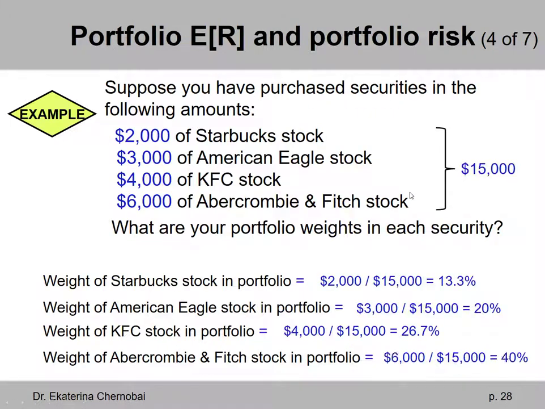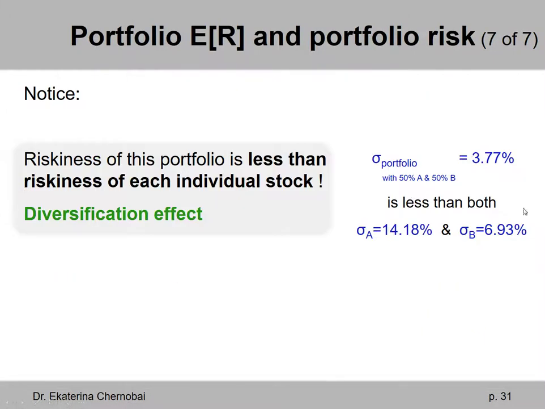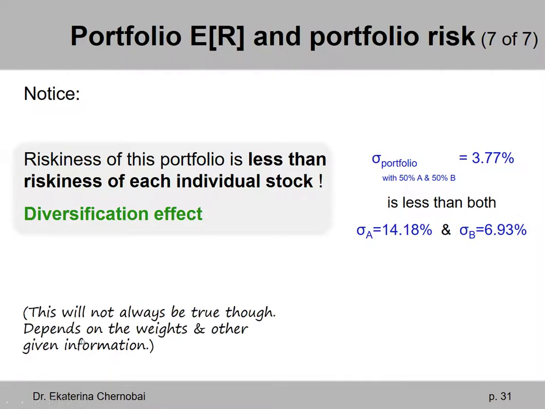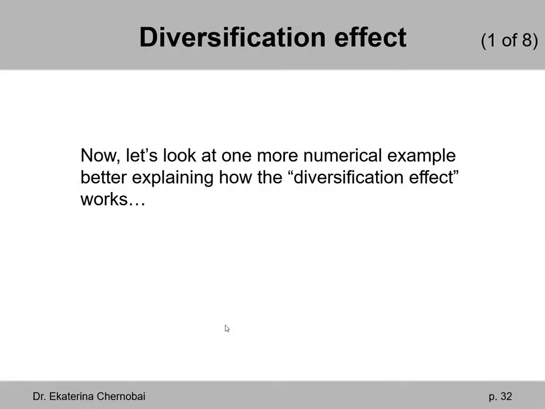And this should look very strange at a first glance. Why wouldn't portfolio risk also be halfway between the individual stocks' risk levels, just like we saw with the expected returns? Well, this is something strange that happens, and there is actually an explanation for it. We call it the diversification effect. It doesn't always happen, but in the example we looked at, it's very, very obvious.